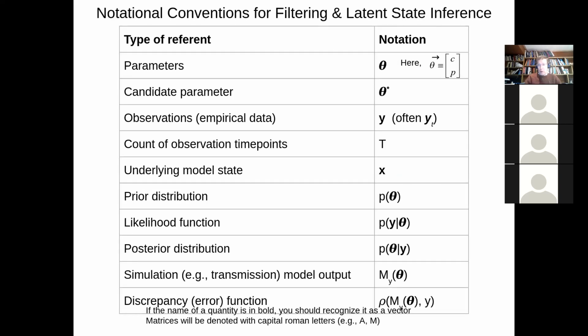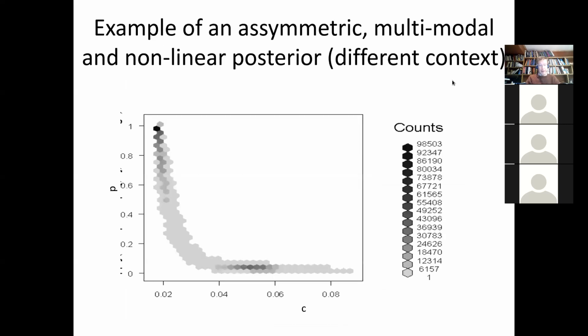So to explore this, I want to again remind you of some notation. And once again, this notation is going to follow us through a number of lectures. Here we're going to have a set of parameters, which again we denoted by theta. For our example in this lecture, we're going to have theta be C and P, these two parameters.